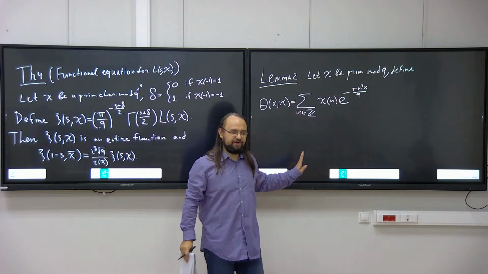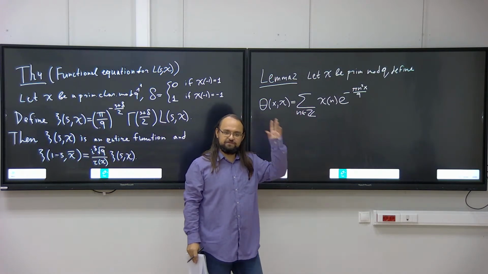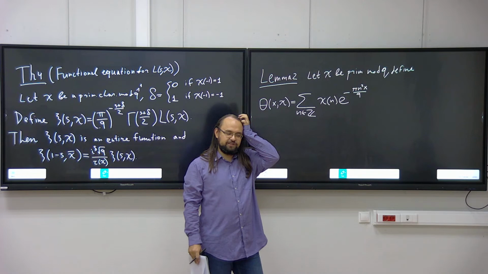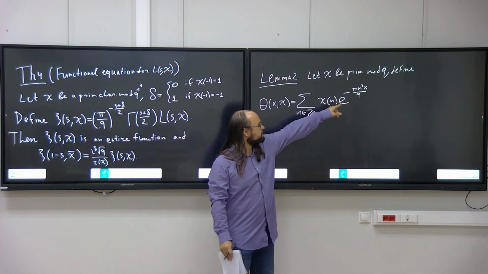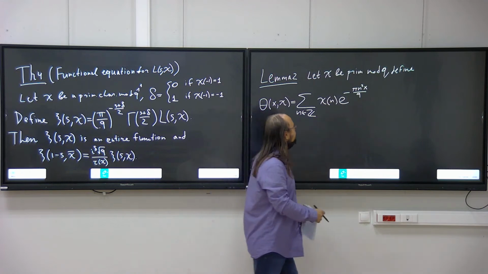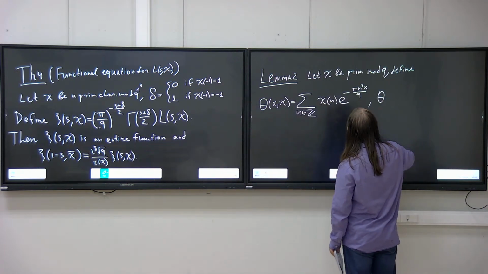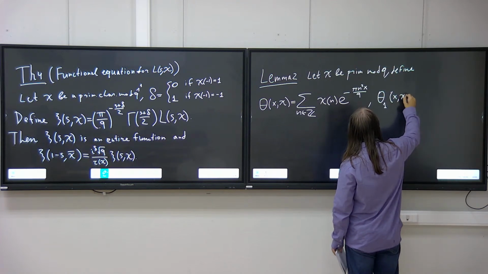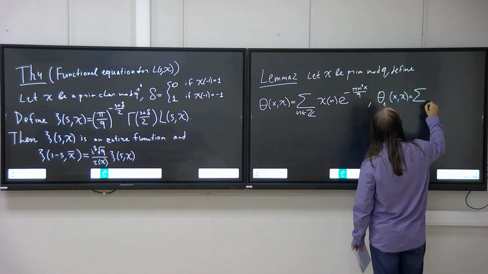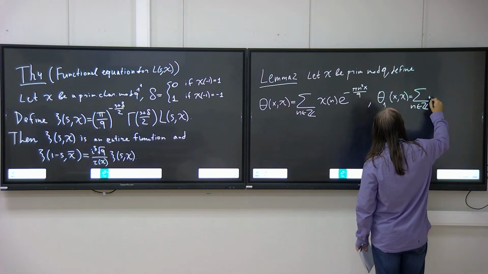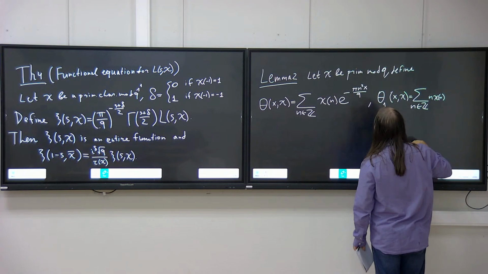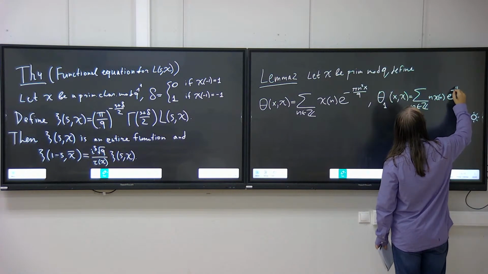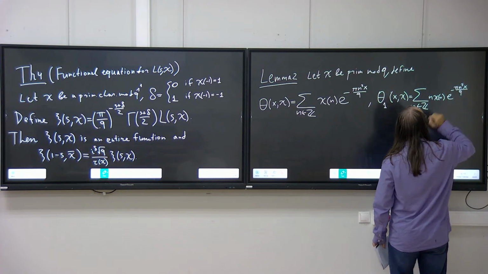This is the same as our theta function, which we used to prove the functional equation for the Riemann zeta function, but with q and with chi. And also let us define theta 1 of x chi, which is the sum over all n of n chi of n e to the power minus pi n squared x over q.